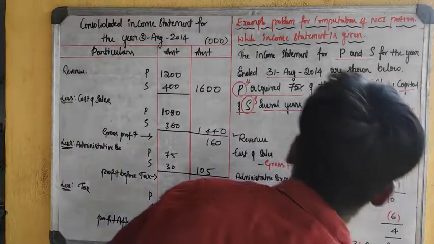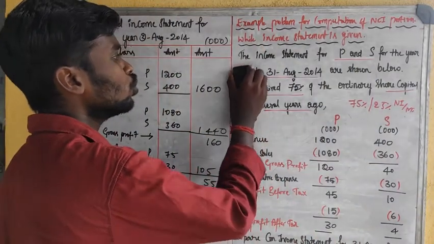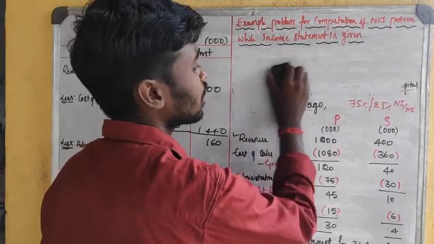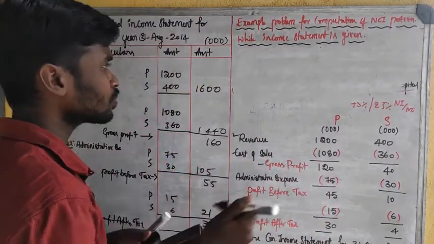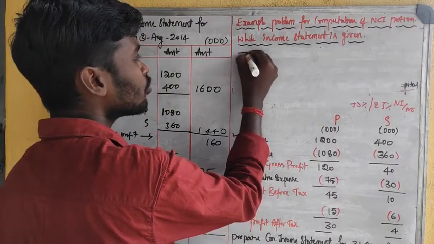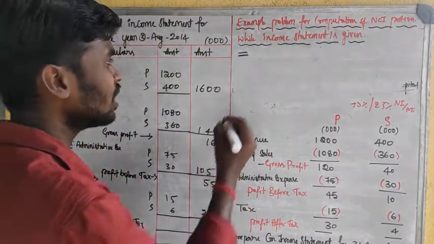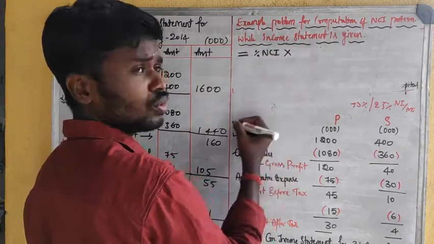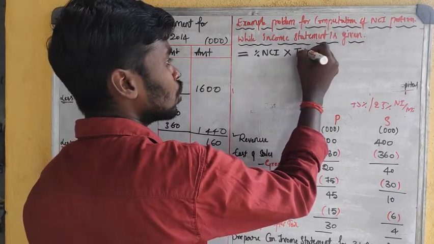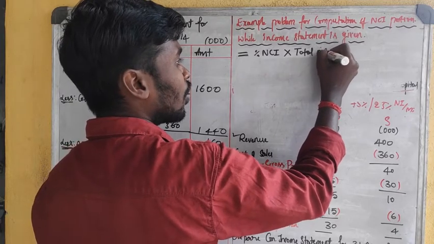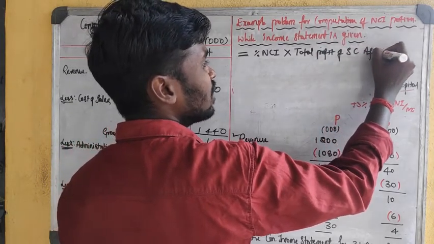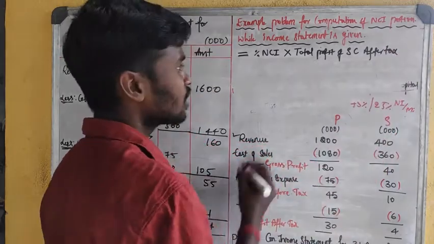So according to the formula, you know how to compute the non-controlling portion, right? See, the non-controlling portion of profit is calculated based on the percentage of non-controlling interest into total profit of a subsidiary company after tax.